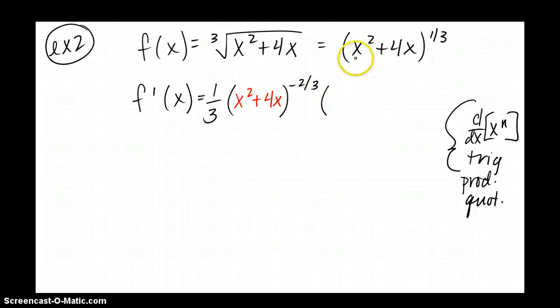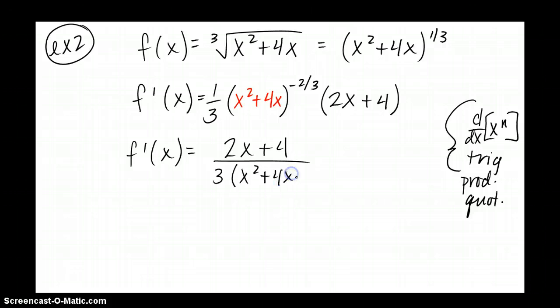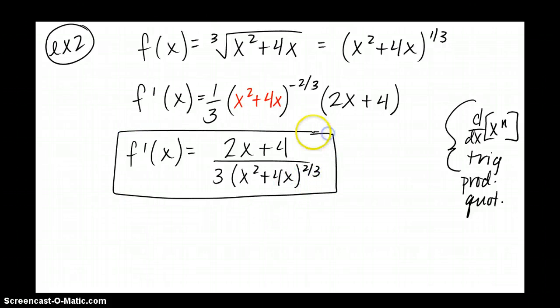Then I have to multiply by the derivative of the base, the derivative of the inside. So that gives me 2x plus 4. And then just writing this so the derivative has positive exponents: 2x plus 4 on the top divided by 3 times x squared plus 4x to the 2/3 power. And that would be the derivative.